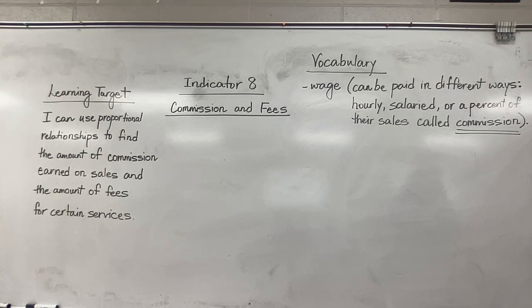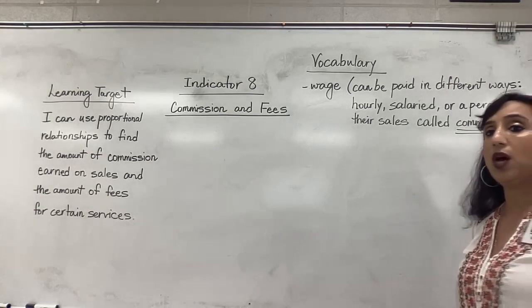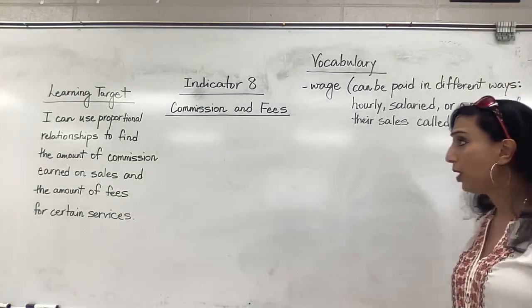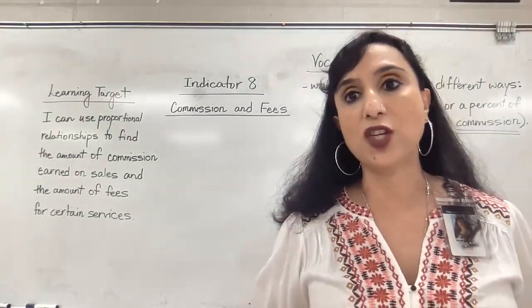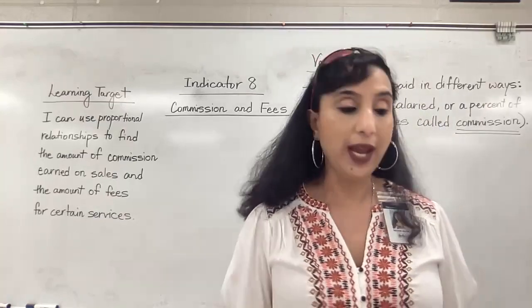Employees such as realtors, car salesmen, stock brokers are paid a percent of the amount that they sell. When you are paid a percent of the amount that you sell, that is called a commission.